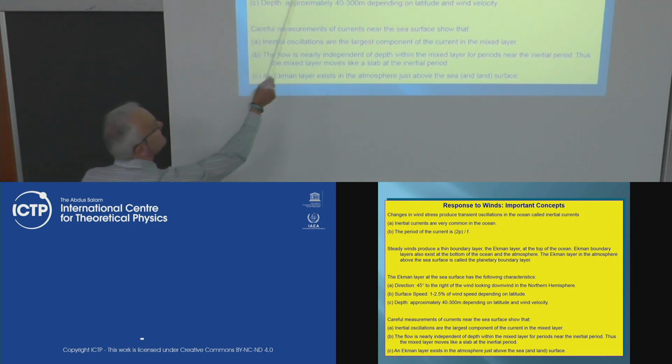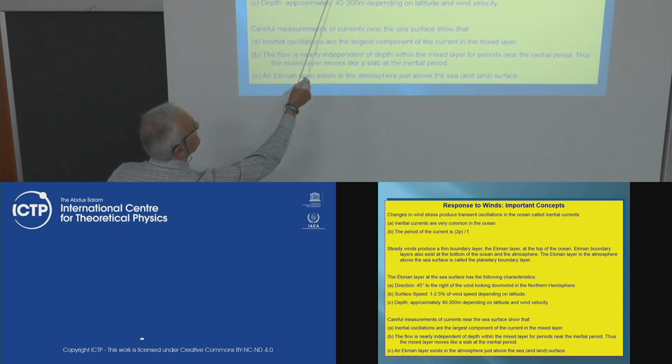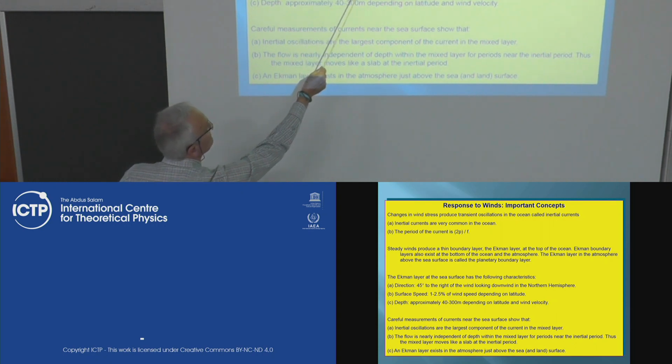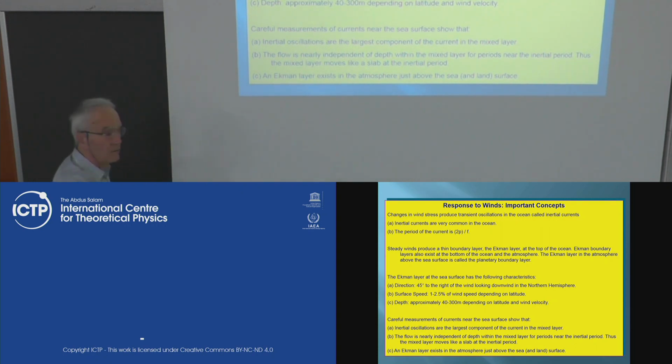So, first of all, changes in wind stress produce transient oscillations in the ocean, which are called inertial currents. You remember I showed you a few lectures before the inertial flow, the inertial currents, but they are generated by the wind only in the situation when the wind stops or when the wind changes a lot with time.